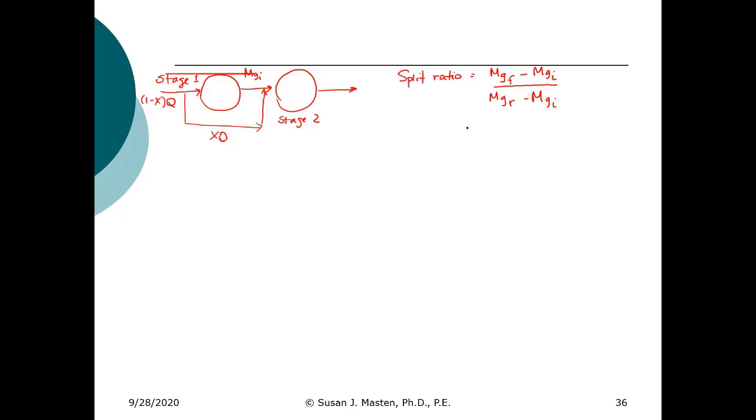And typically we want a magnesium concentration of about 40 milligrams per liter in the finished water.